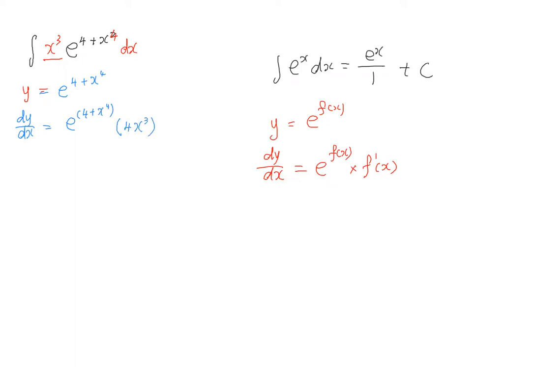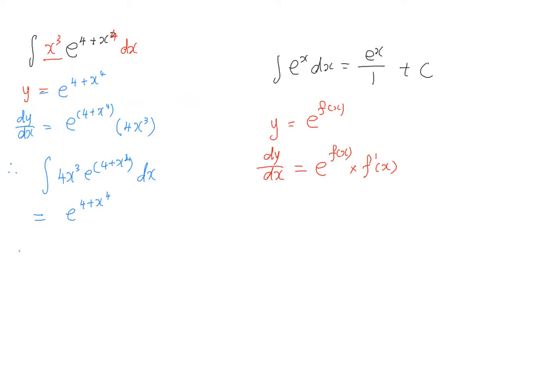So therefore, the integral of 4x cubed e to the power of 4 plus x to the power of 4 dx will be e to the power of 4 plus x to the power of 4.